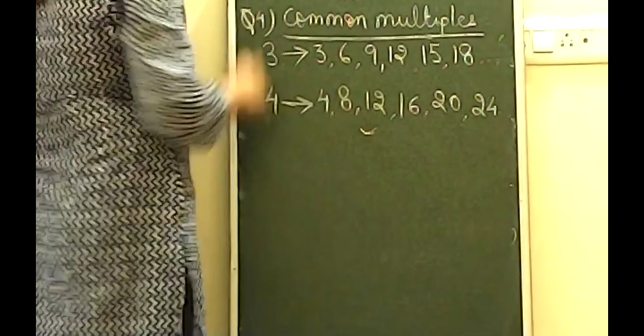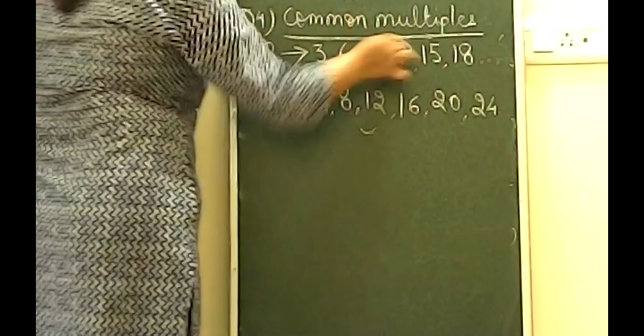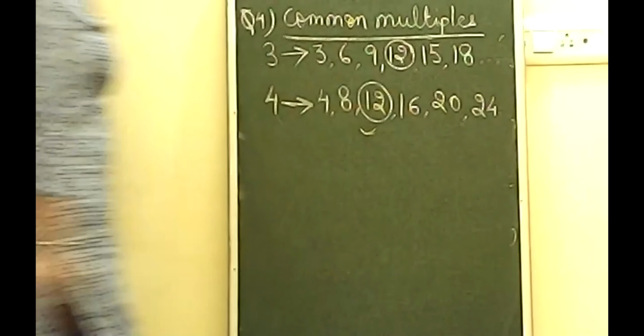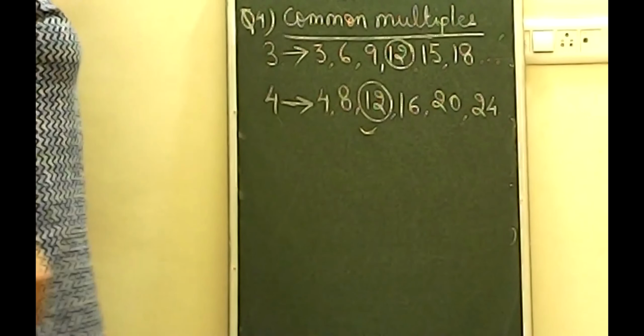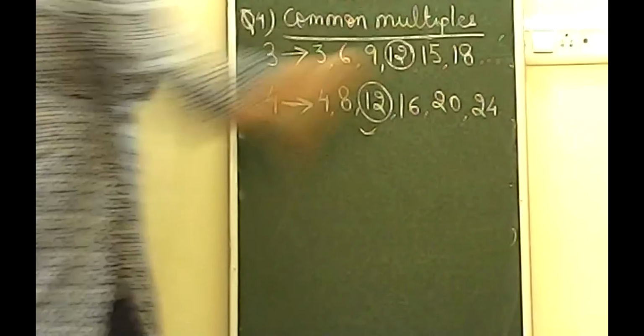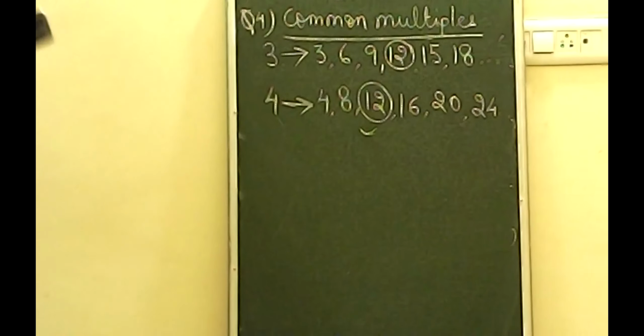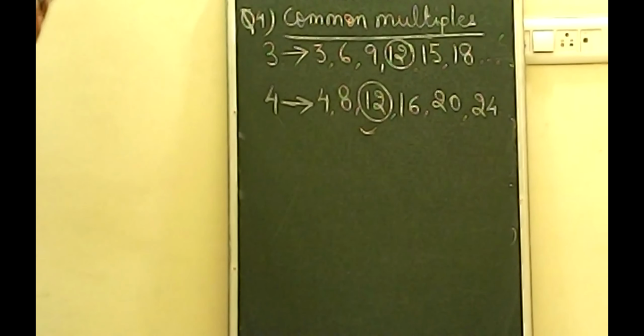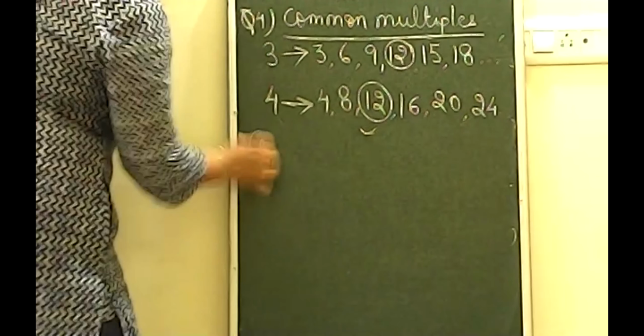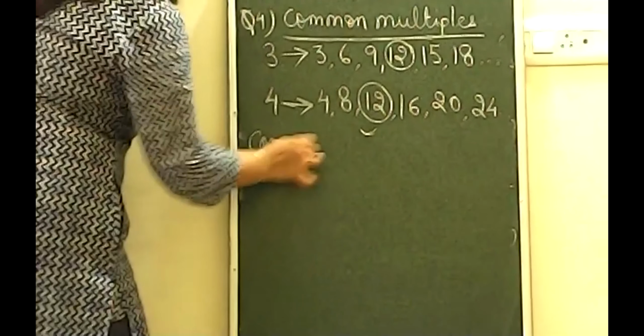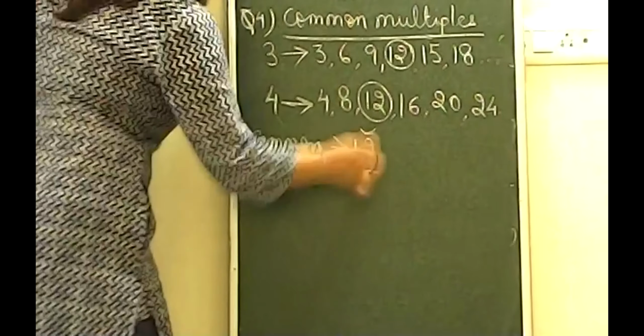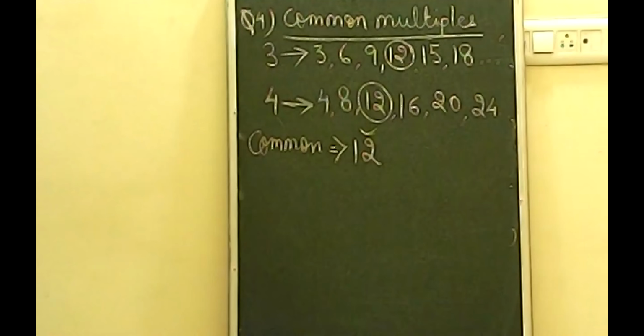So now move on to what is common over here. The common one is 12. We have got one here. Then I am not supposed to find the second one; I'll use my trick to find the next ones. So here the common is 12, and now you know the trick.